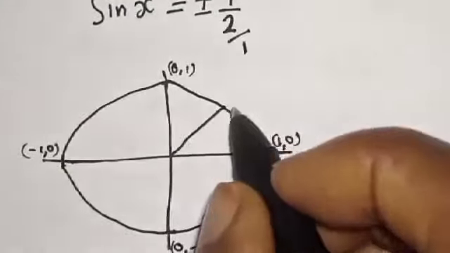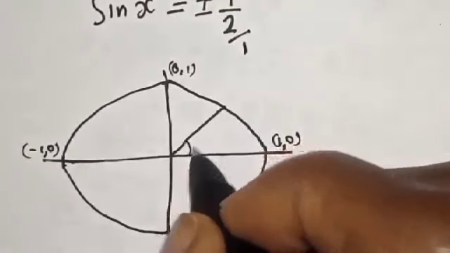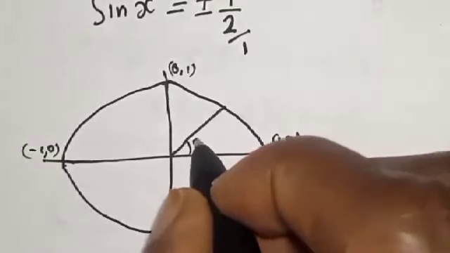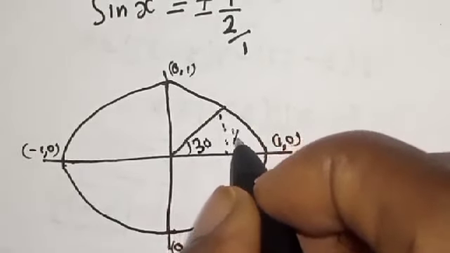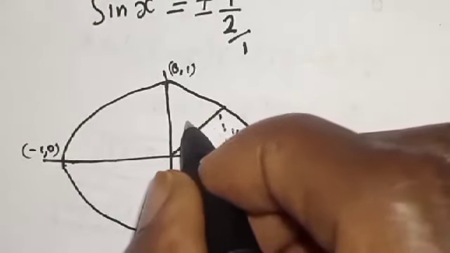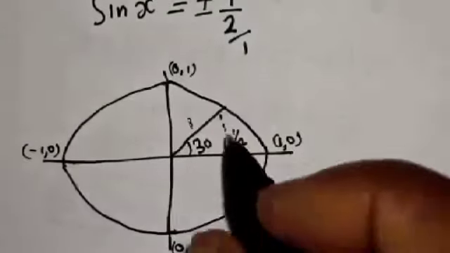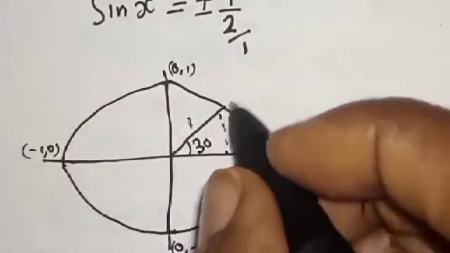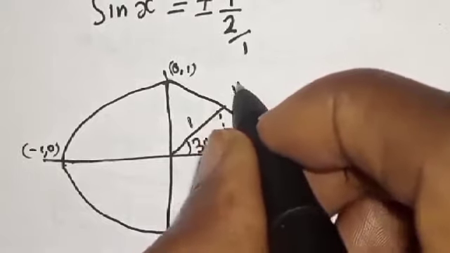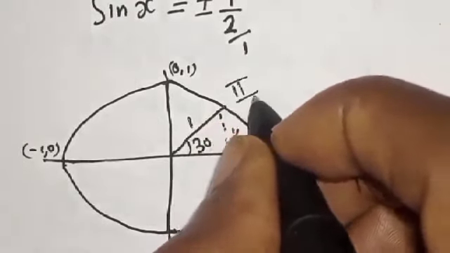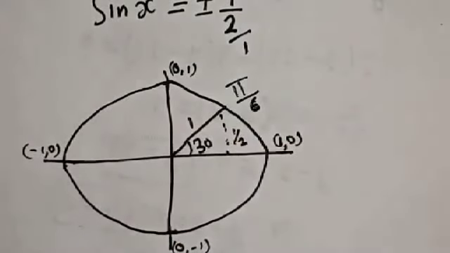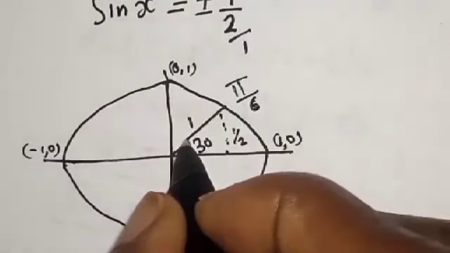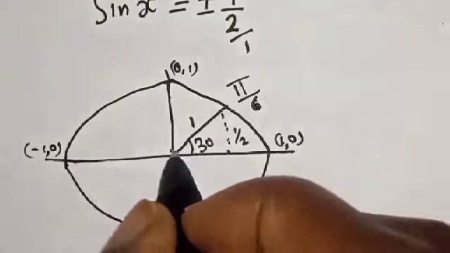Then we have the angle here is angle 30. Opposite is what? 1 over 2 or 0.5, and hypotenuse is 1. Then here will be pi over 6 in radians. Then let's draw another one here.